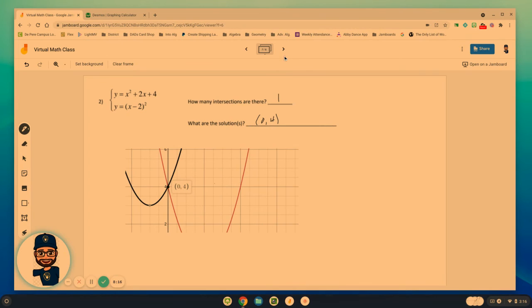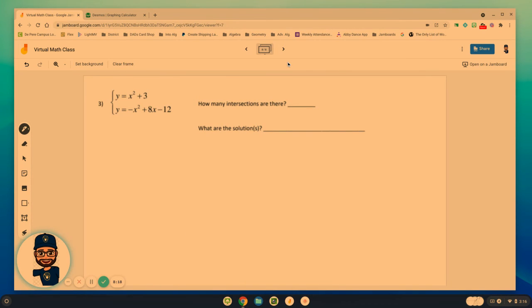One more example. y equals x squared plus 3, and then y equals negative x squared plus 8x minus 12. See what you get.